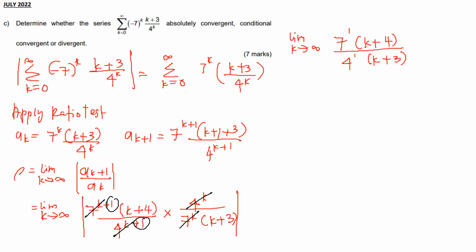So this is what you get after you simplify. We can conclude that 7 over 4 is a constant, and for the limit as k approaches infinity you can solve by dividing with the highest power.